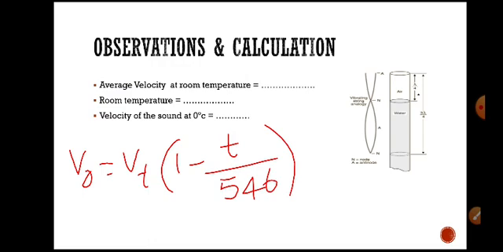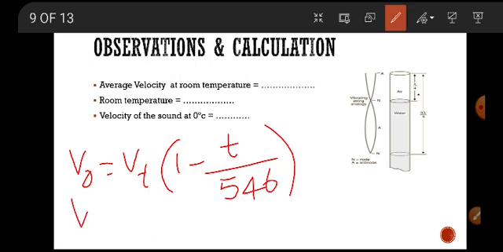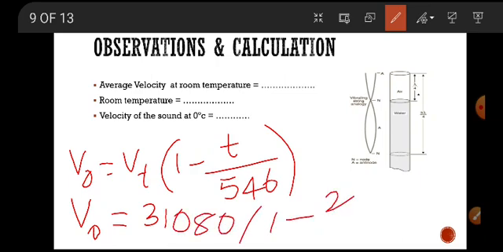For example, V0 equals Vt, which is 31,080, into 1 minus 28 by 546. So you will get some value, for example 29,000 something.